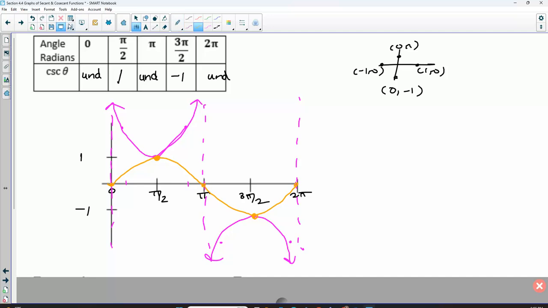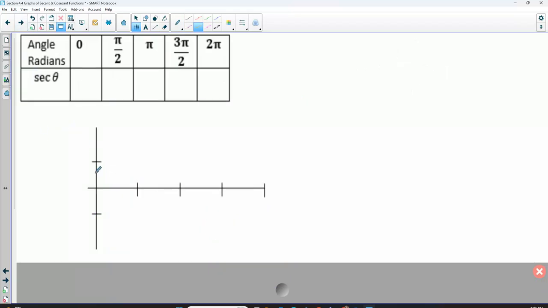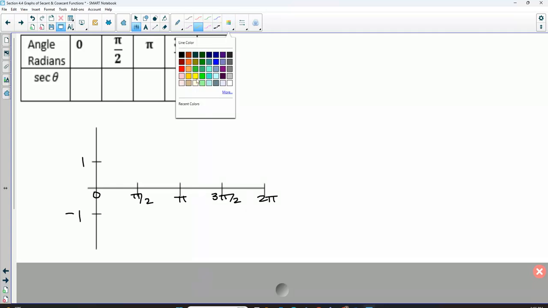Okay, let's see if that reasoning would work for secant. Let's graph secant, which is the reciprocal of cosine. So if I graph cosine, 0, pi over 2, pi, 3 pi over 2, and 2 pi. Okay, I just want you to lightly draw this in because this isn't the final graph we're looking for.